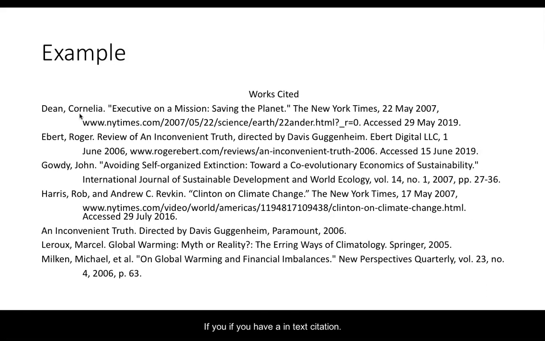If you have an in-text citation, then whatever you have cited in the body of the essay while you're writing, using the parentheses, must show up as an item listed in your works cited. You can't just have something in there that does not appear in the essay.